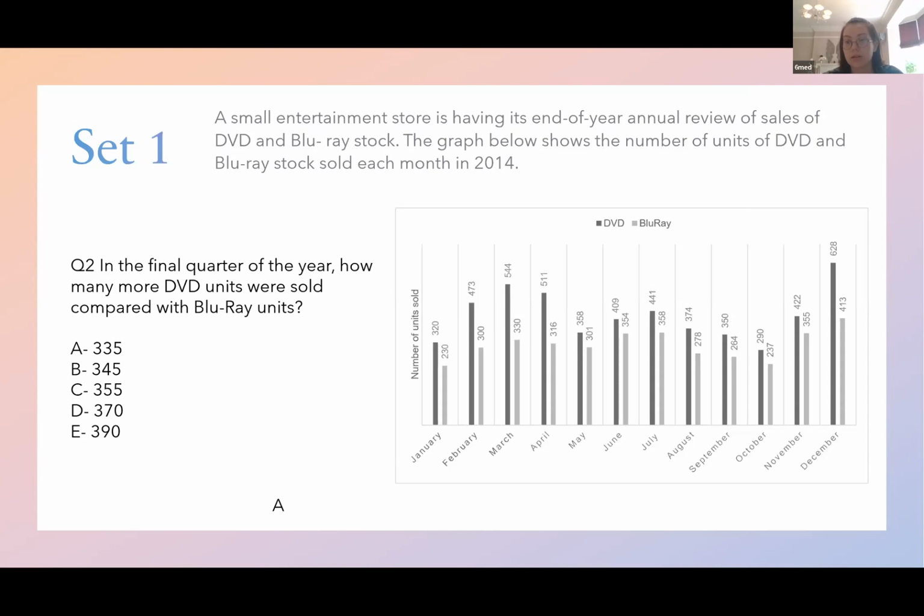So you have to add all the DVD units together and all the Blu-ray units and find the difference between them. And you can see this one's a little bit trickier to round with because the answers are closer together. But when the answer is one of the extremes, it makes it a little bit easier. So hopefully that one wasn't too difficult either.